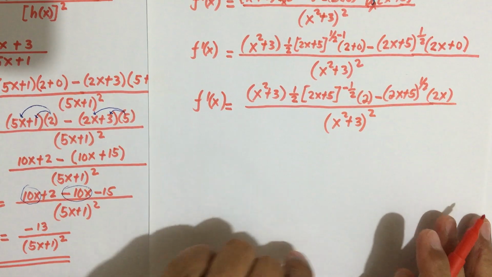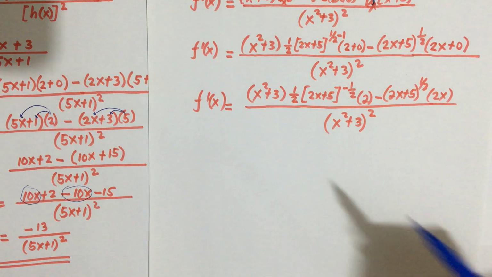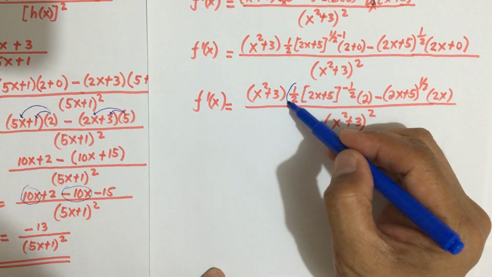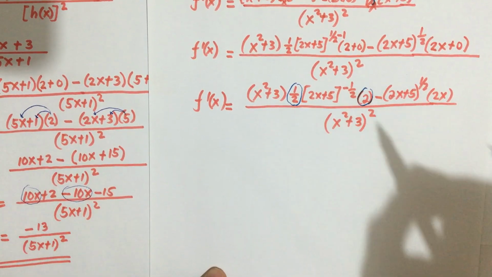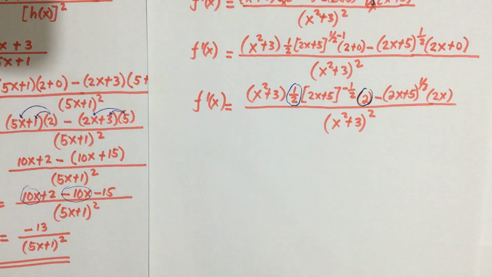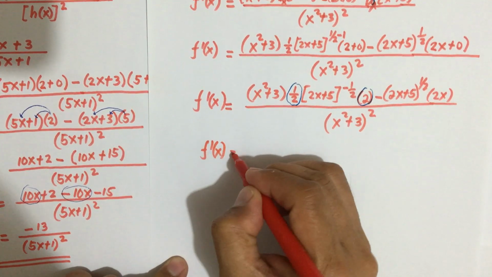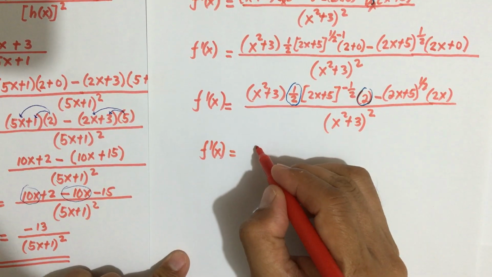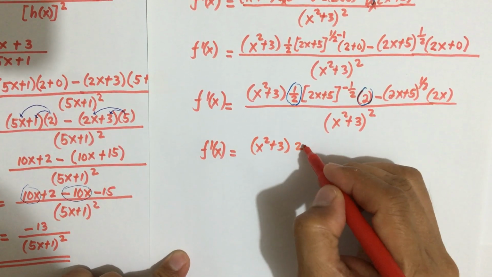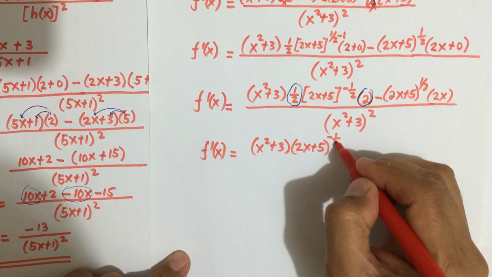Okay, so simplifying further. Take note that we have here a multiplication, right? We have 1/2 here multiplied by this. So 1/2 multiplied by 2, this will just become 1, right? So what is left on the first term? So f prime of x is equal to x squared plus 3 multiplied by 2x plus 5 raised to a power negative 1/2.